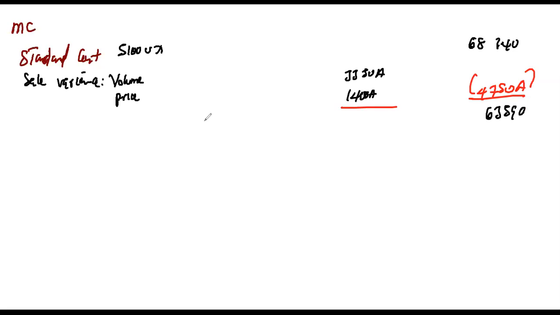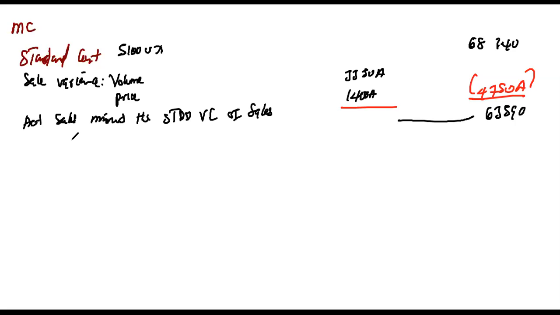We bring the same things there. So this is the same figure. What did we call this figure? We simply said actual sales minus the standard variable cost of sales.